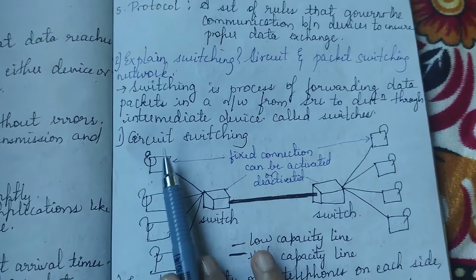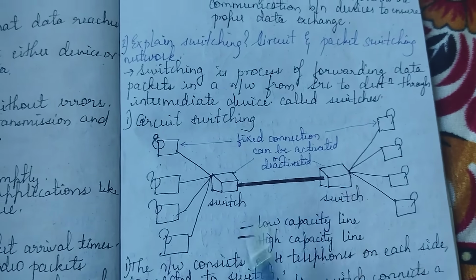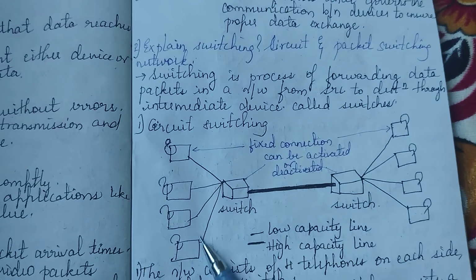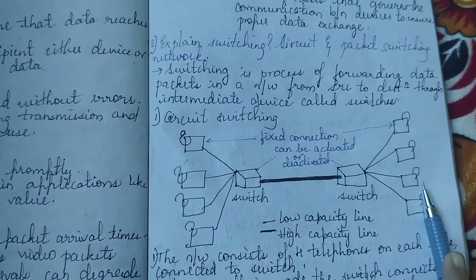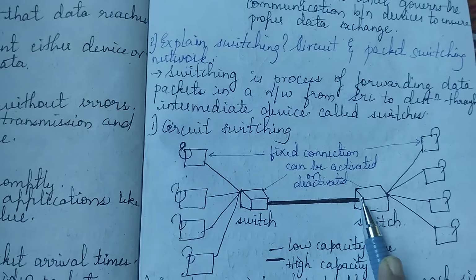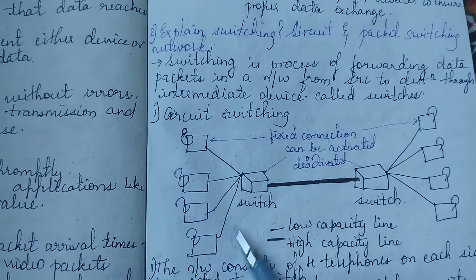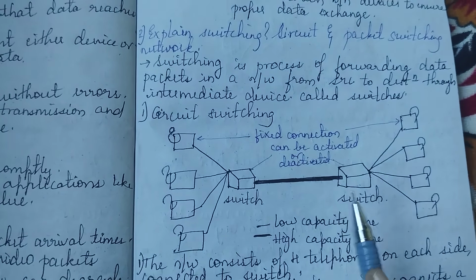Fine. So circuit switching is nothing but you should consider two switches. This is nothing but the telephone, and here what you can see is this thick line. That thick line is called a high capacity line, and this thin line is called a low capacity line.